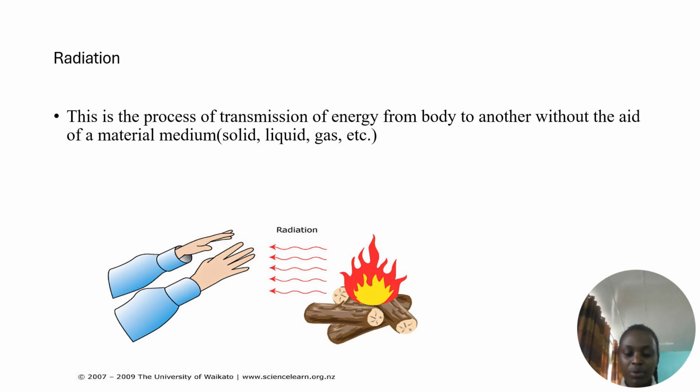Here we have an example. This is a fire which is on, and here are some hands nearby. Those hands gain the energy or heat from the fire by rays.